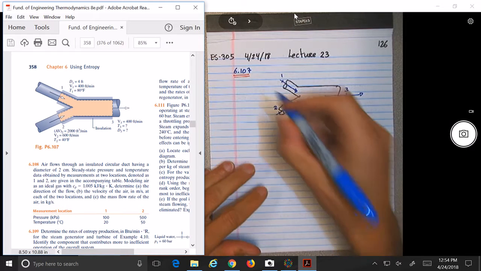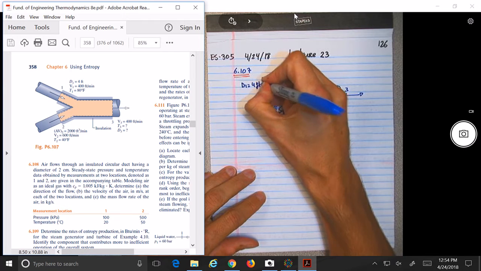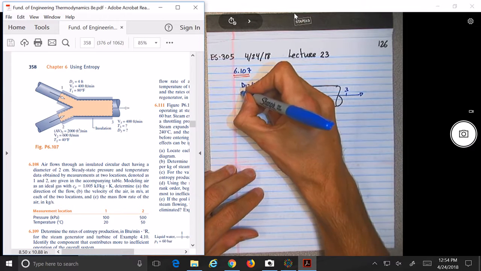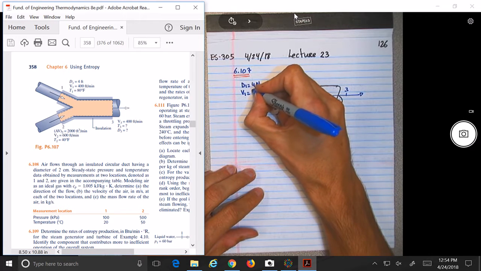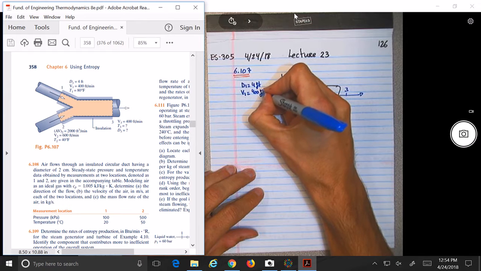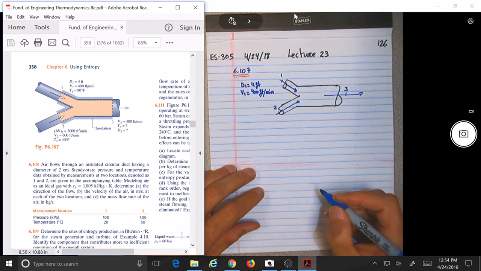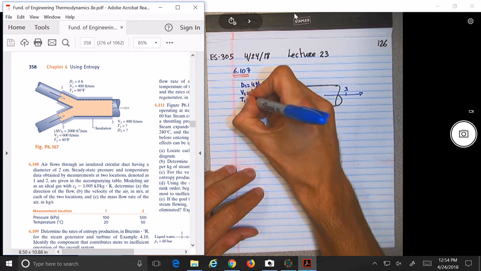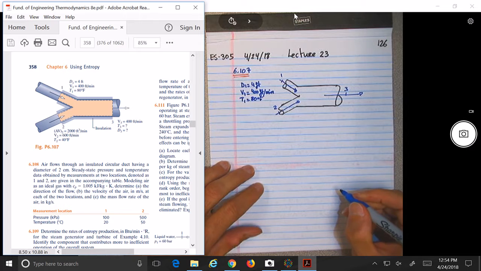So let's see, what do we know about D? We know D1 is 4 feet, the diameter. V1 is 400 feet per minute, and the initial temperature is 80 degrees Fahrenheit.